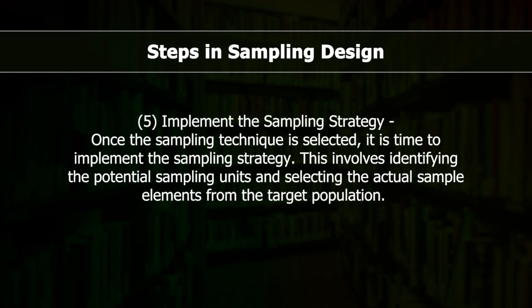Fifth step, implement the sampling strategy. Once the sampling technique is selected, it is time to implement the sampling strategy. This involves identifying the potential sampling units and selecting the actual sample elements from the target population.